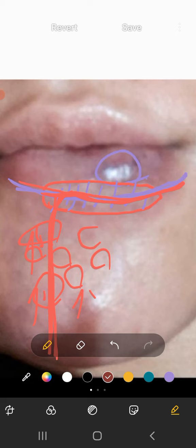I talked about the different steps of the necrosis after the occlusion of the arteries in my previous videos.